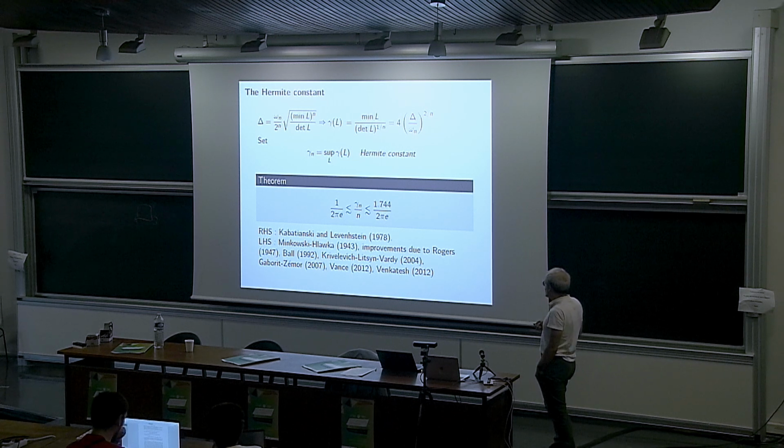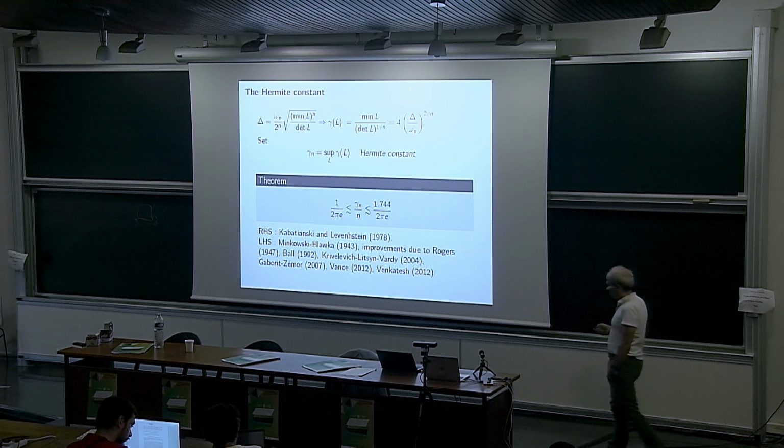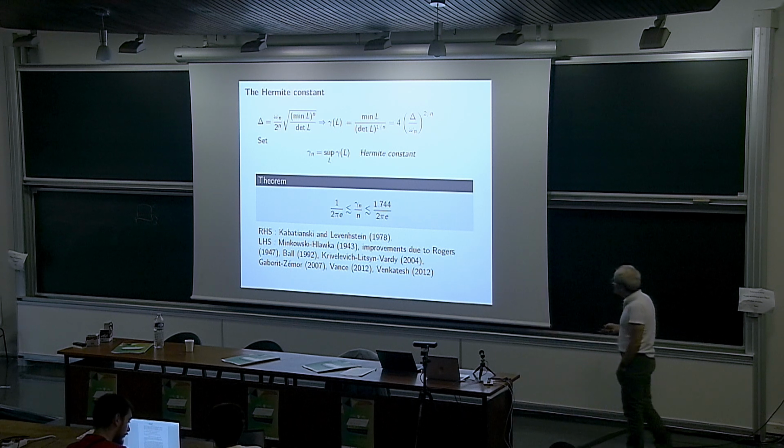I forgot to mention some recent improvement, not in the asymptotic range, but still some improvement by Elkies and Cohn, some 15 years ago. Okay, so that's the underlying story of the Hermite constant.